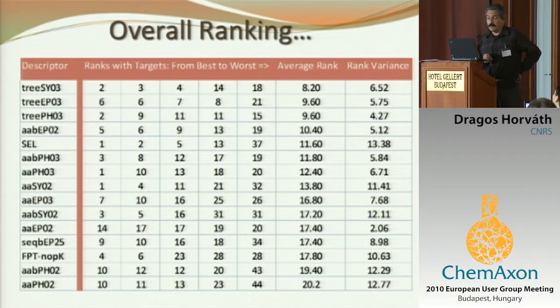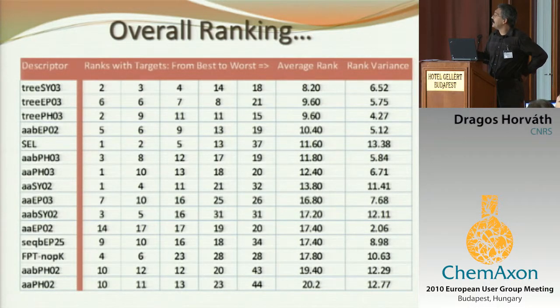The only thing that can be said is that if you look at the overall ranking, these are the ranks the given descriptors obtained for each target. You can see that these three descriptors are more or less homogeneous in their performance. So this one makes a second place, and in the worst case, it's 18th, so it's never ridiculous.